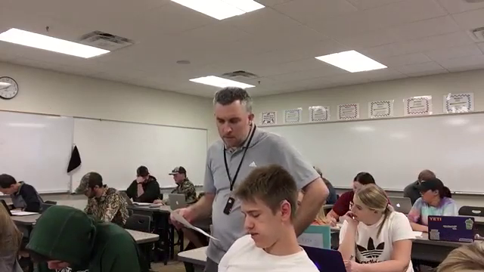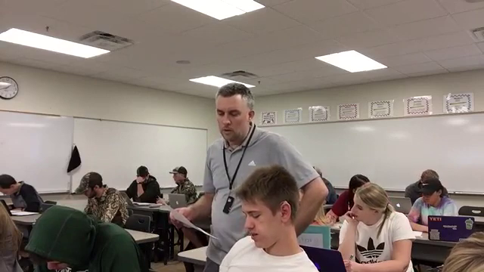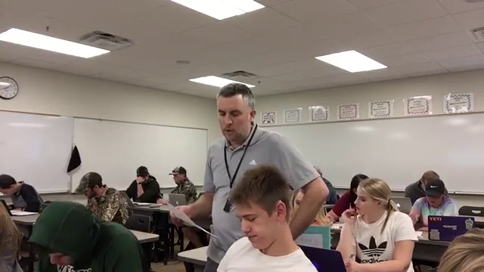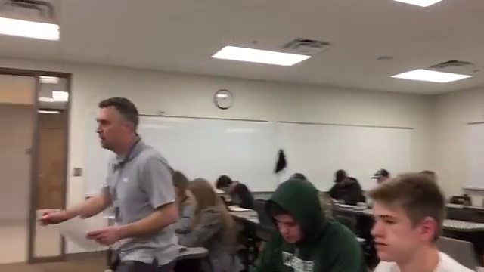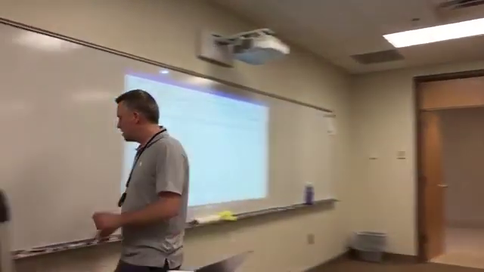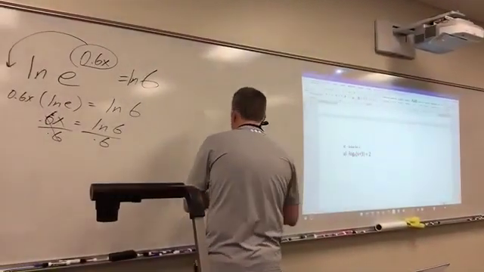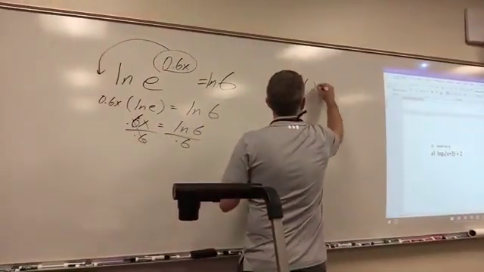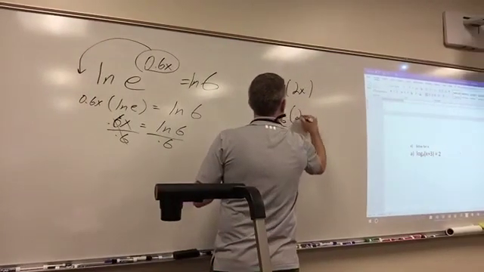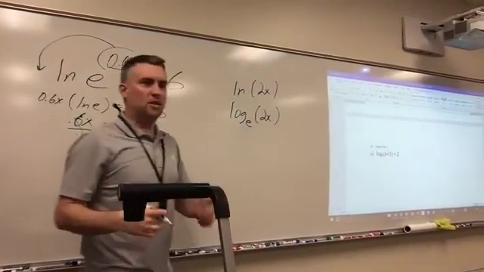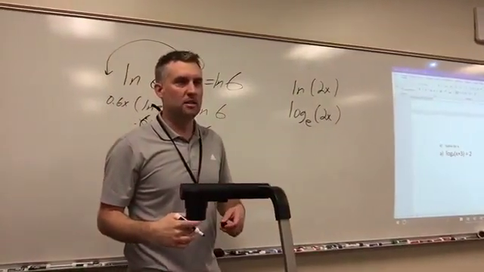Did ln of 2 times 3. Yeah, nope. So remember what ln means. ln of 2x, this is the same as this. It says e raised to what power gives me 2x.